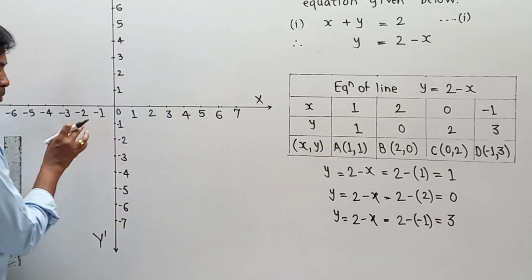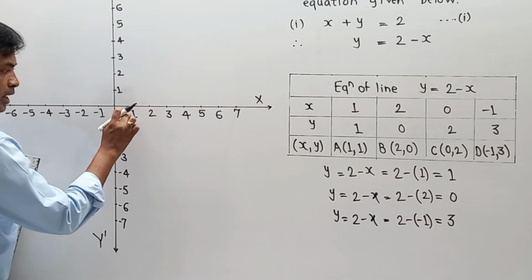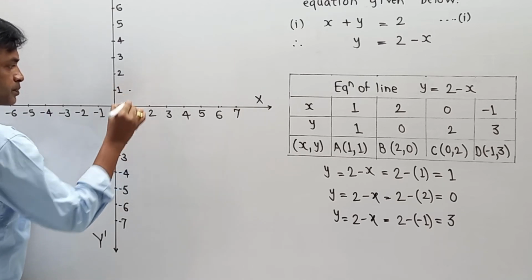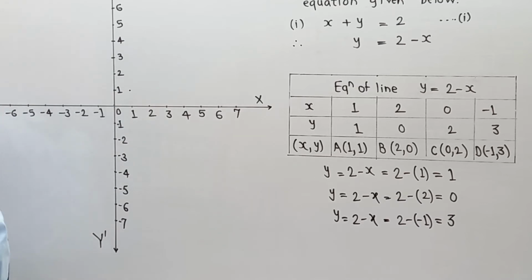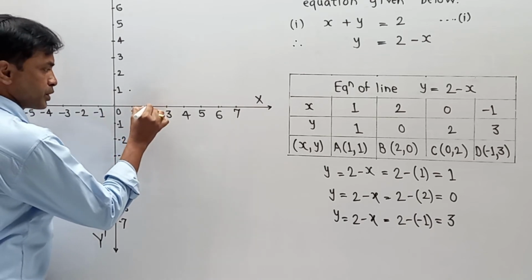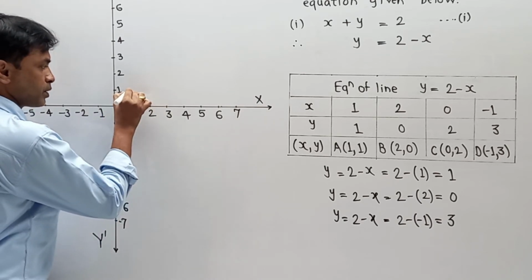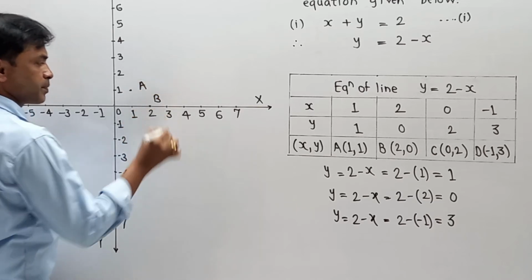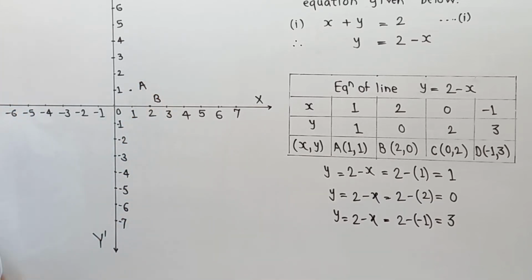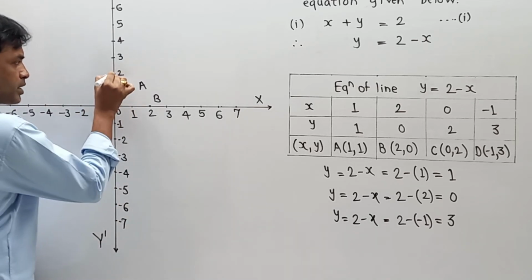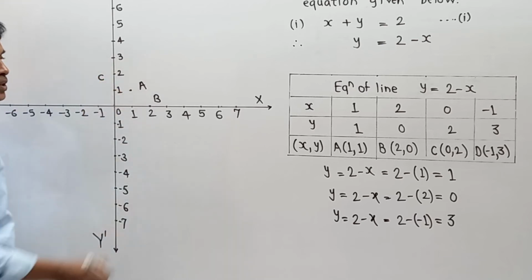So here on the graph, please pay attention. x is 1 and y is 1, which means this point is over here. Next, B is (2, 0), so it is over here. So the first point is A, the second point is B, the third is C (0, 2): x is 0 and y is 2, so my third point C is over here.